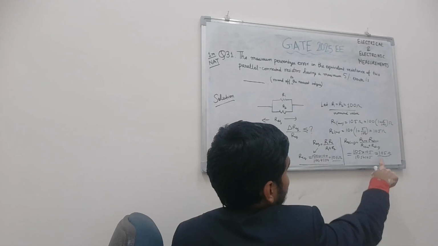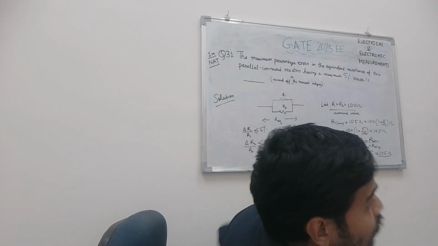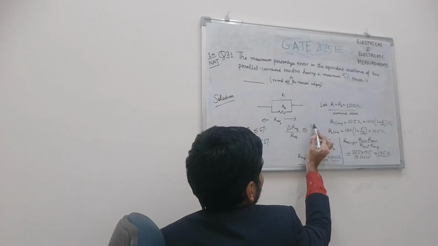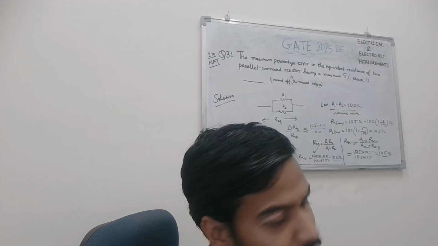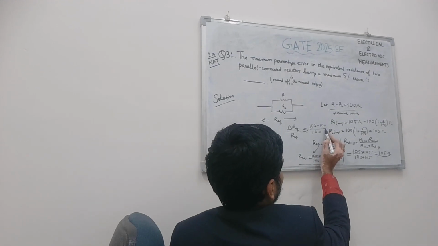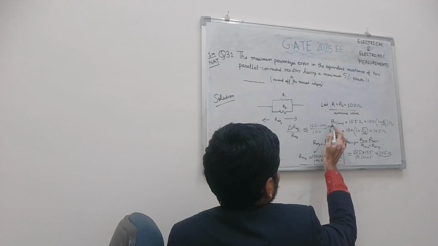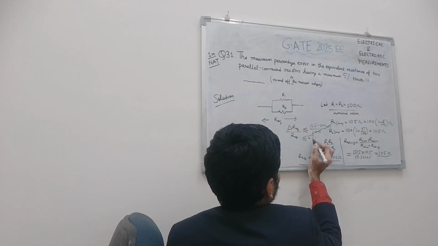In the maximum case we are getting 105 as compared to 100. So the percentage error is 105 minus 100 upon 100, that is maximum value minus nominal value upon nominal value into 100. This is the percentage error. This will cancel out, so we are left with 5%.